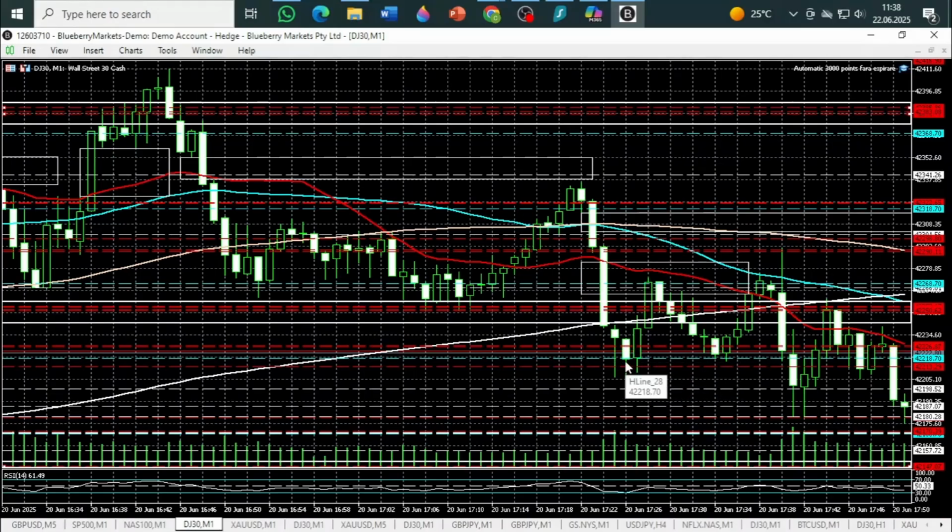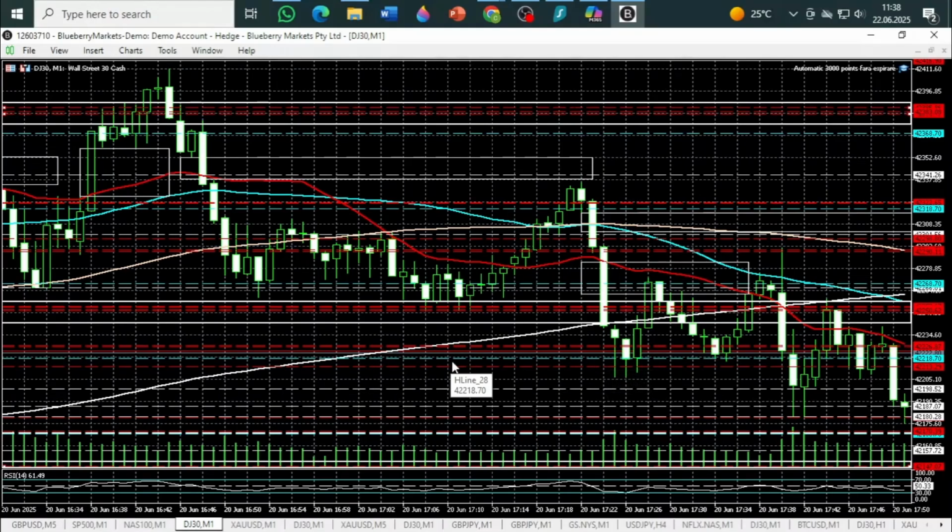It's a kind of sign that the trend has stopped just temporarily on this red line.